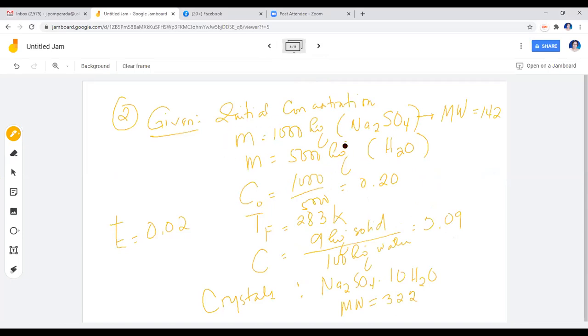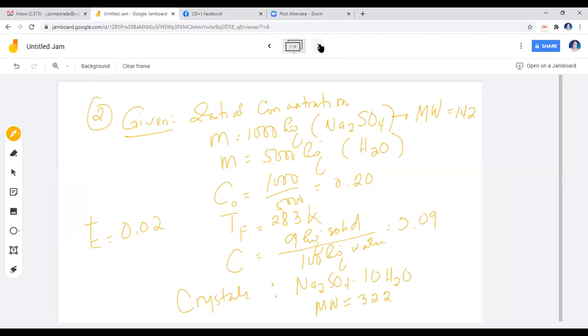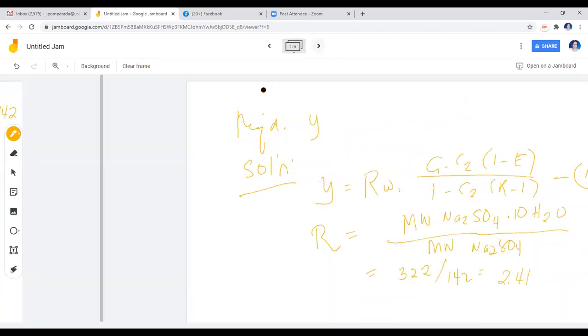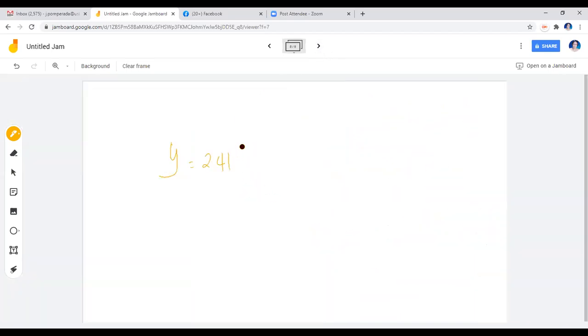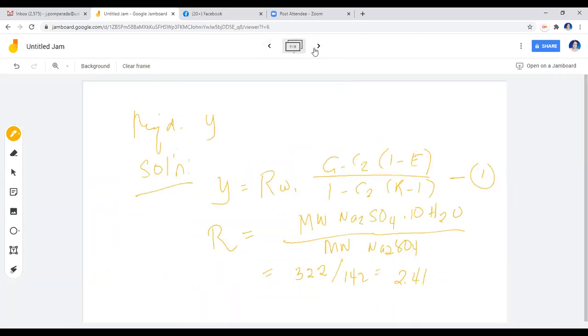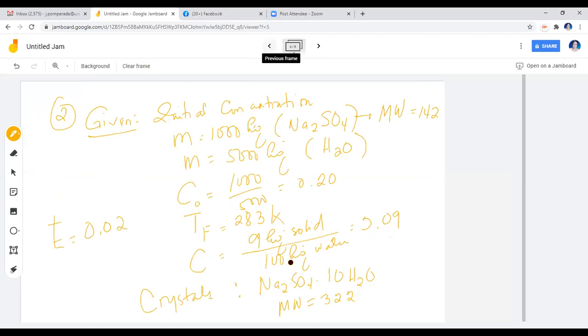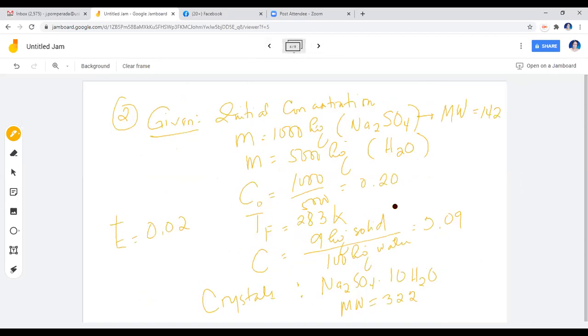That's the purpose of having to write the raw data. So initially we have 5,000 of water, and we will multiply this by 5,000. Then we have the C1 and the C2. The initial concentration is 0.2 and the final concentration is 0.09.